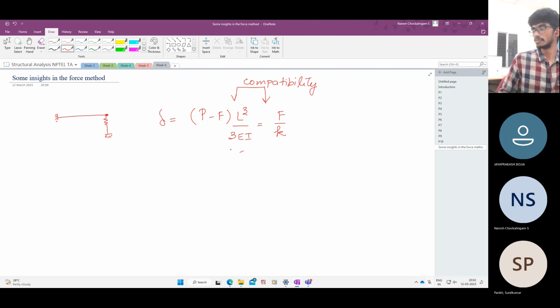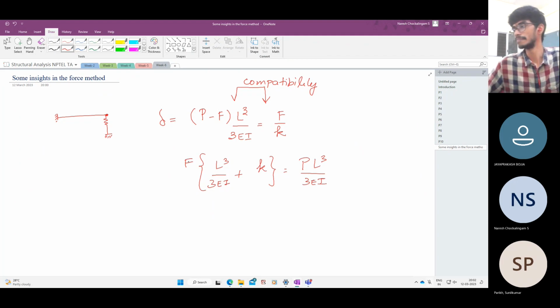And by equating these two, we got something like F into L cube by 3EI plus 1 by K is equal to P L cube by 3EI.